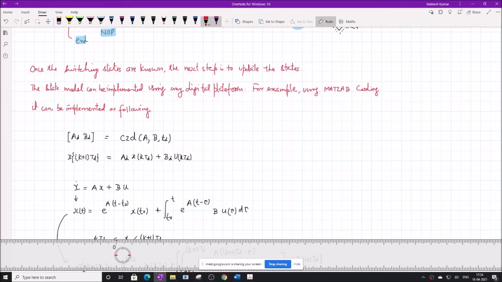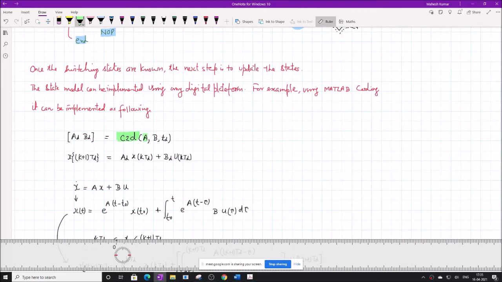You can write a simple code in MATLAB to execute this compensator and show how it works under different conditions of the load. In MATLAB coding, there is a very interesting command called C2D, continuous to discrete conversion.